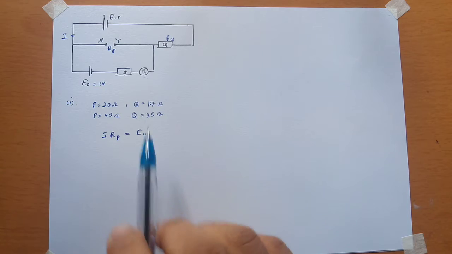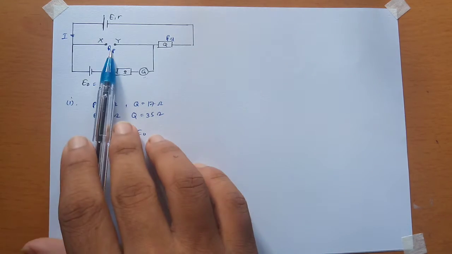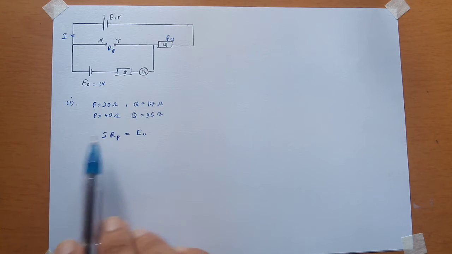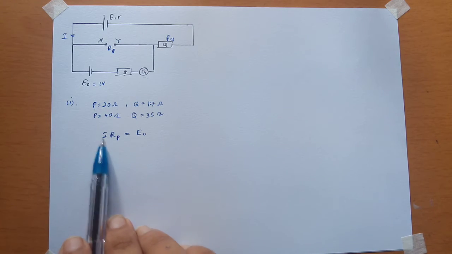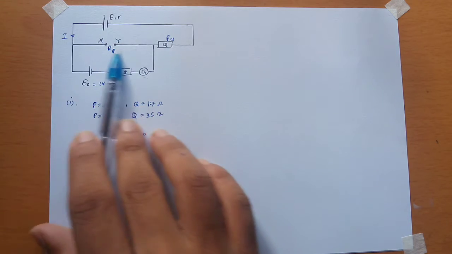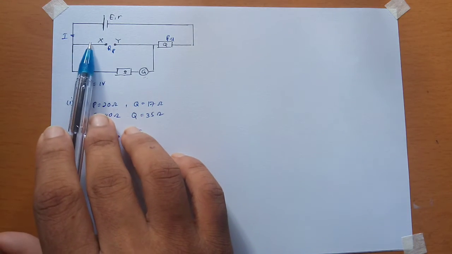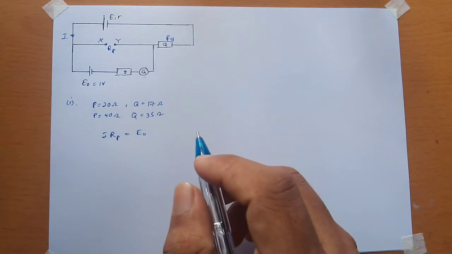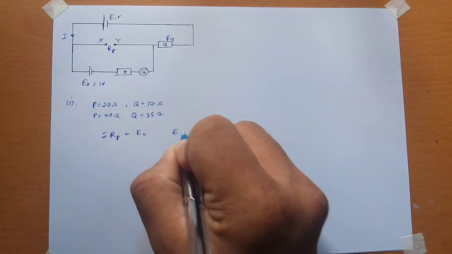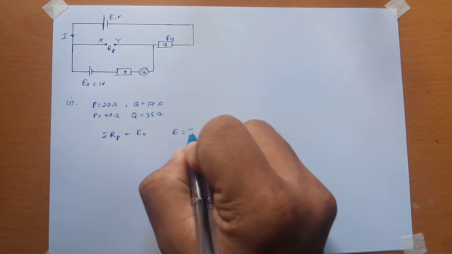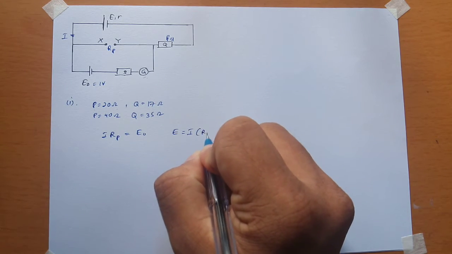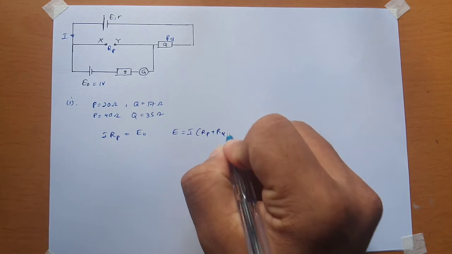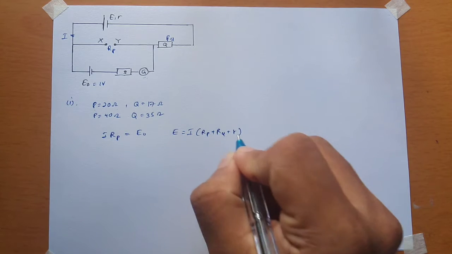Here we know the value of E0 and the RP value is 20 ohm, but we don't know the current. In order to find the current, I can use Kirchhoff's law on this potentiometer circuit. So I get E equals I into (RP plus RQ plus r).